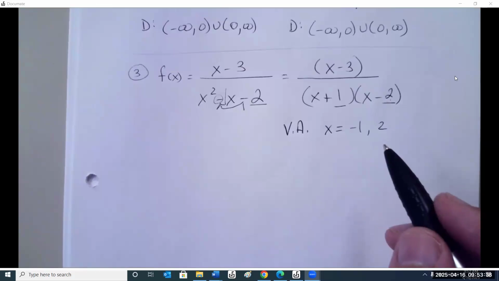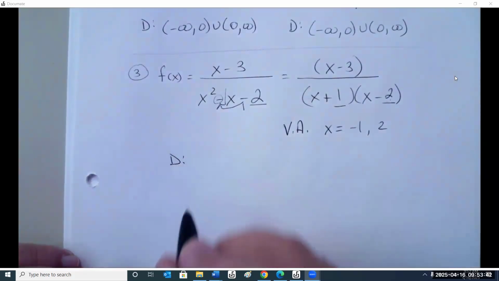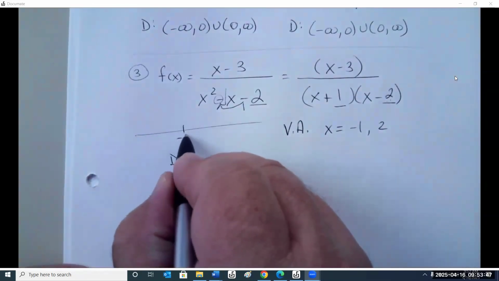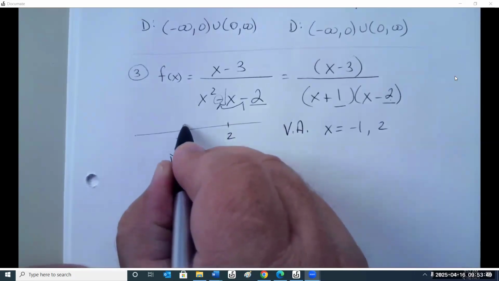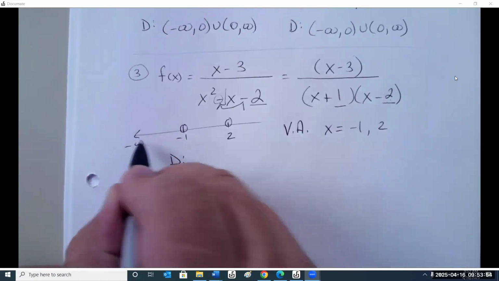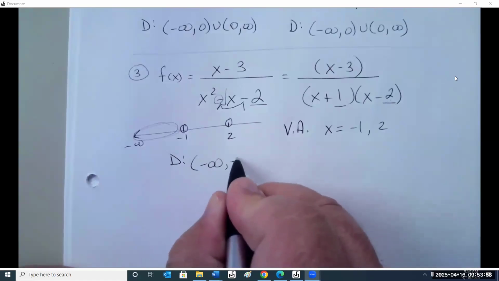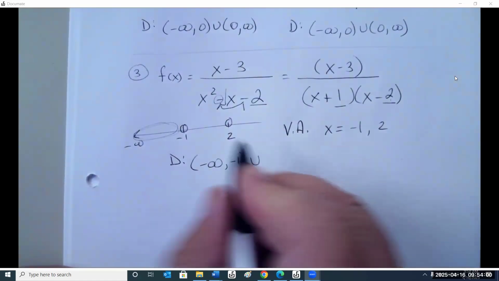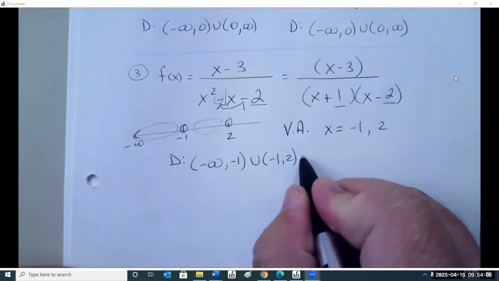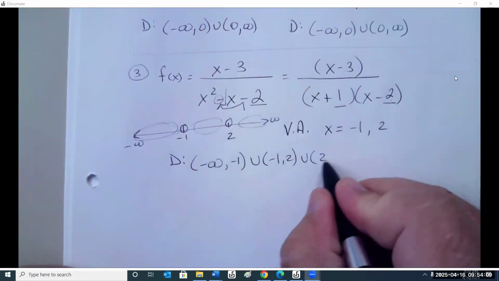Once you have the vertical asymptotes, you now have your domain. If you think about it, the only numbers you can't use are those. So we go from negative infinity to -1, from -1 to 2, and then from 2 to positive infinity.